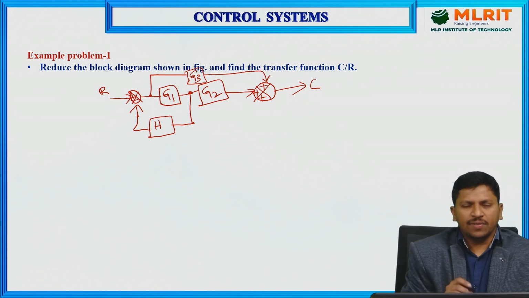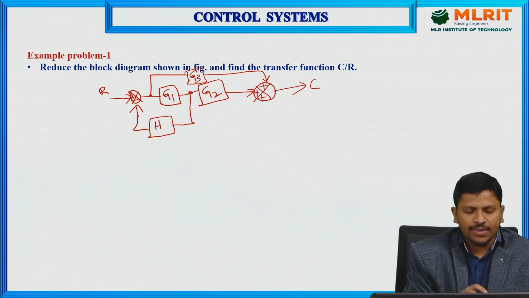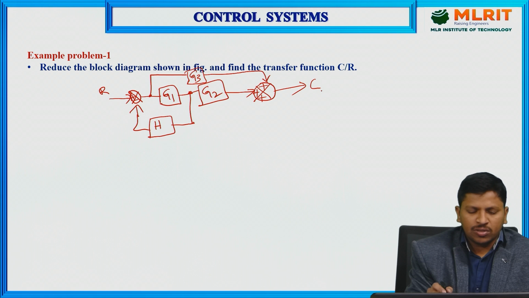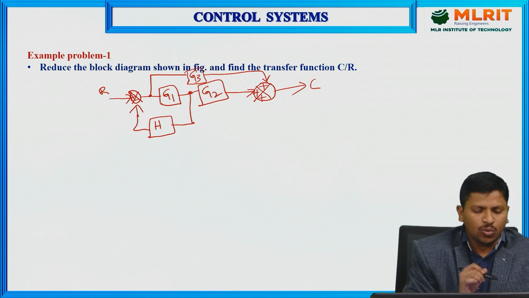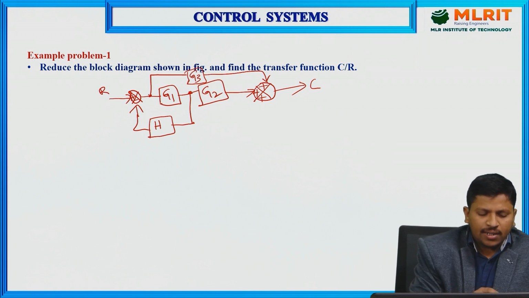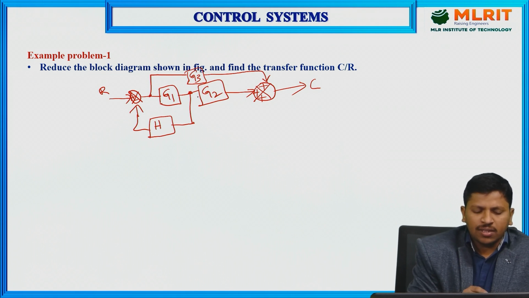From this, we are going to use the block diagram reduction rules and reduce the blocks into a single block, which is called the transfer function. The transfer function is the ratio of output to input, C by R. So here I am going to use one rule. Observe in this block diagram, this is the take-off point between the summing point and the block, but here we need to move this take-off point to after the block G1.